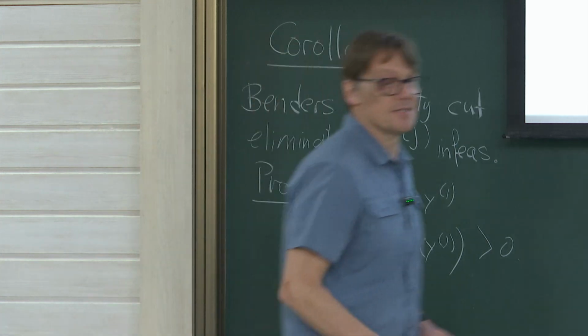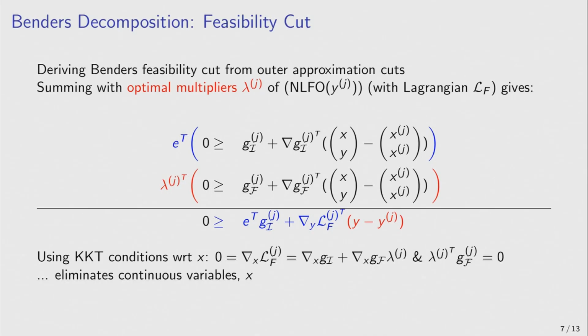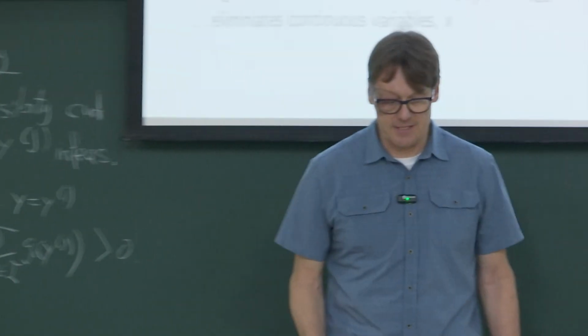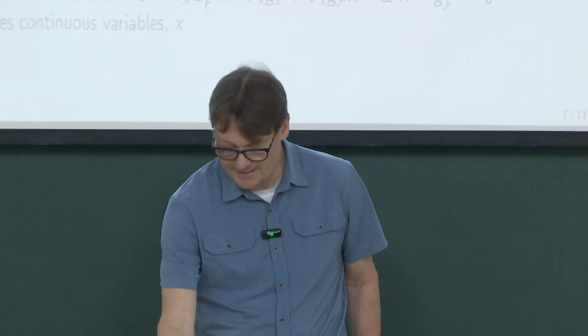And so there you see immediately that this constraint ensures that you will never go back to a yj that you decided was infeasible. So that's good. You do want that.